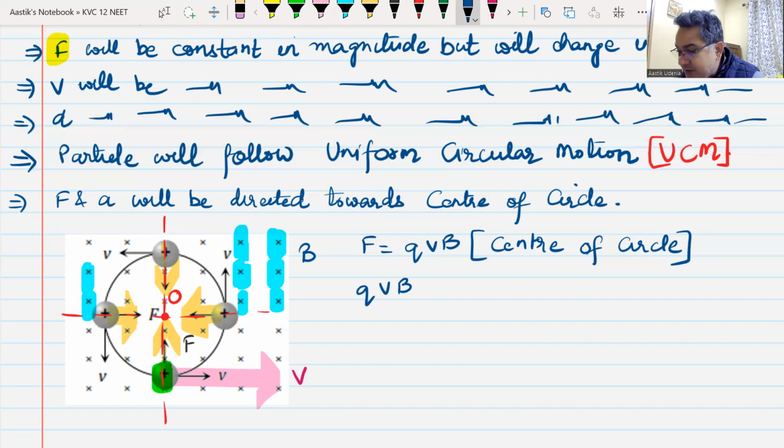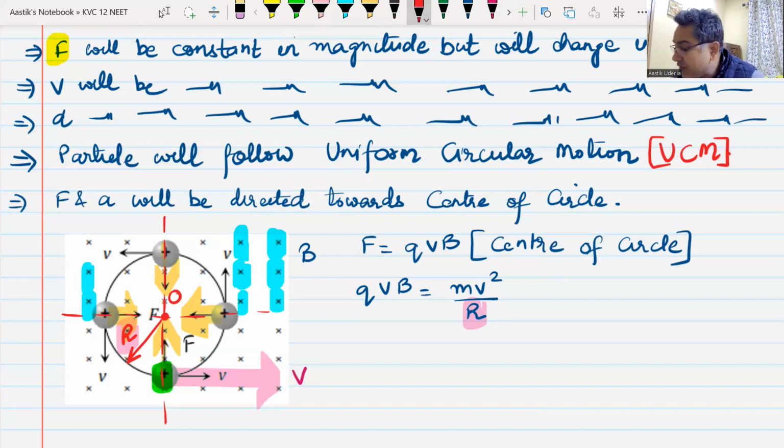So QVB will be equal to your centripetal force mv square by r, where r is the radius of the circle that you are going to have.